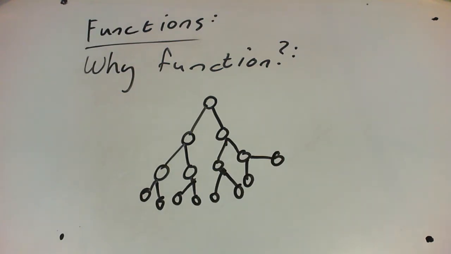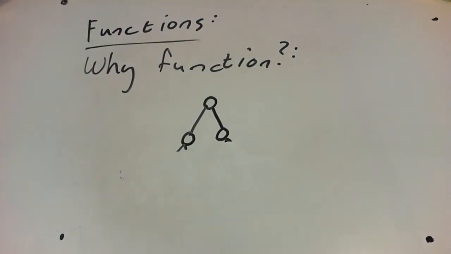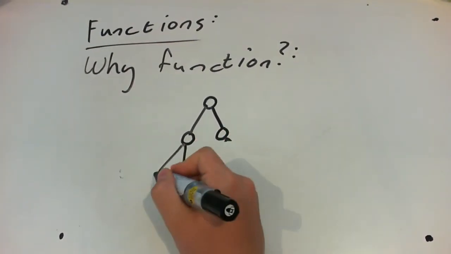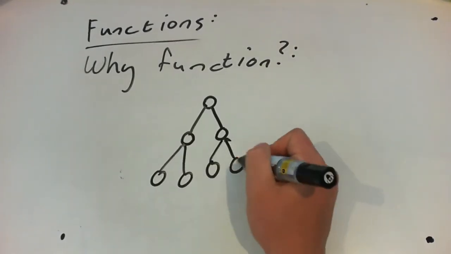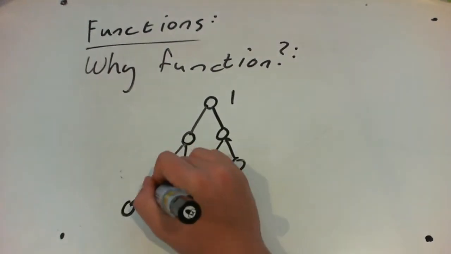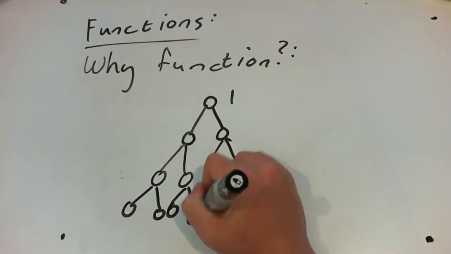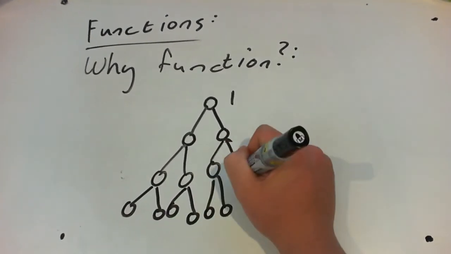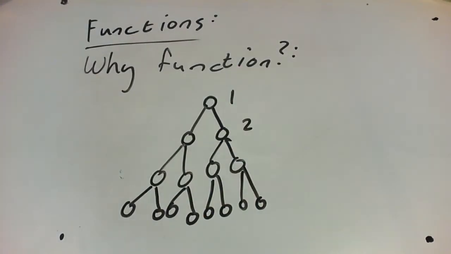And this isn't really a good representation because it's more like a circle than a layer, so let's just redraw it. The first time your post gets seen, one person saw it. The second time, your post was shared by 2 people, 2 people saw it.